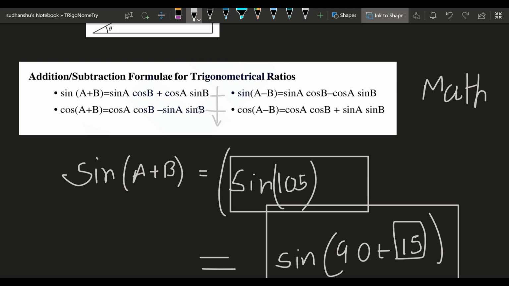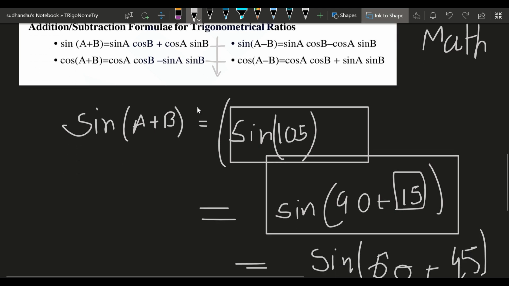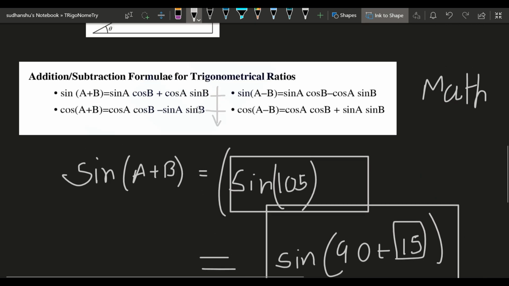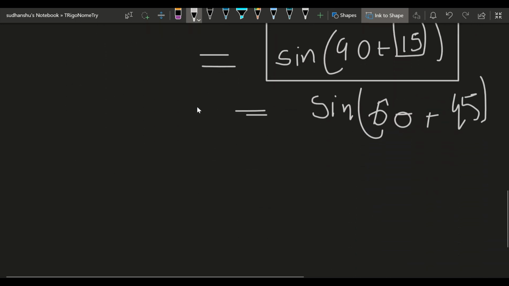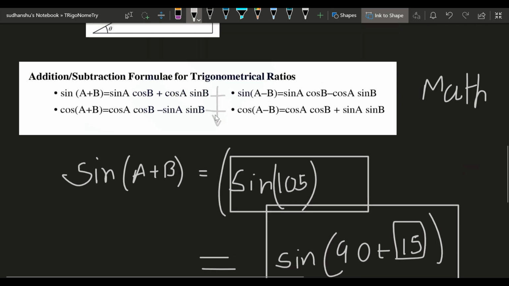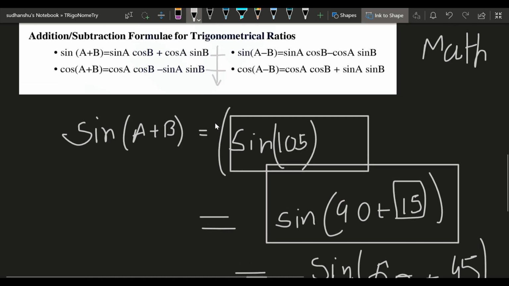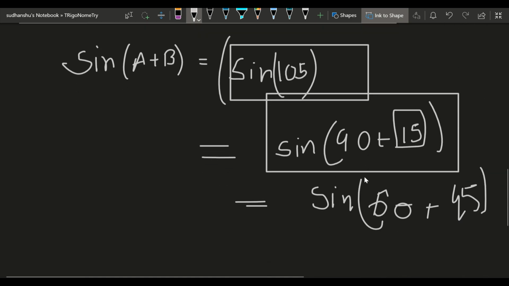You will be made to memorize it then. So you can just remember it right now. Okay, so you won't have any difficulty in the further classes. So one of the applications of these formulas is this.